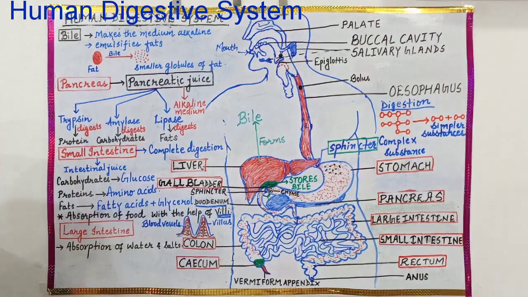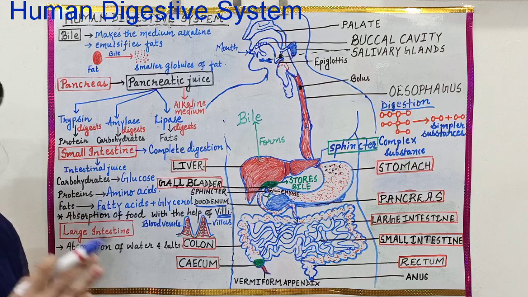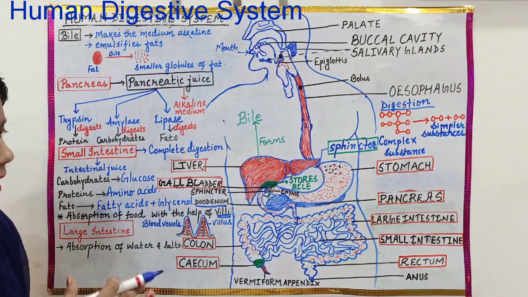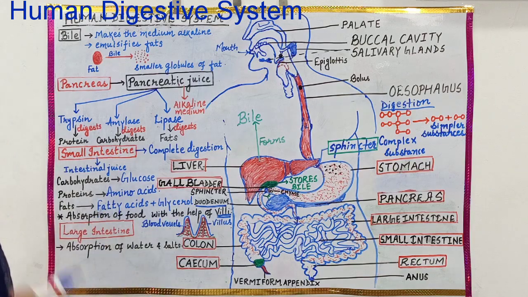In that case, it is highly advised that you take oral rehydration solution, ORS. What is it? ORS is nothing but cooled boiled water mixed with a pinch of salt and sugar. If you are not taking ORS, your body may suffer from dehydration, and this condition may be fatal for you.